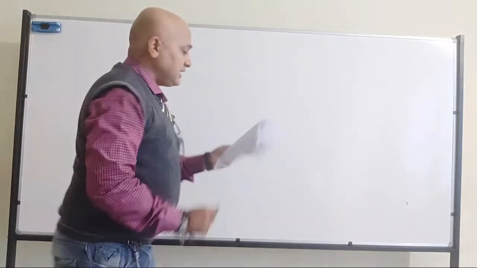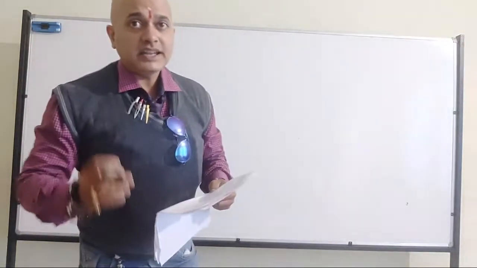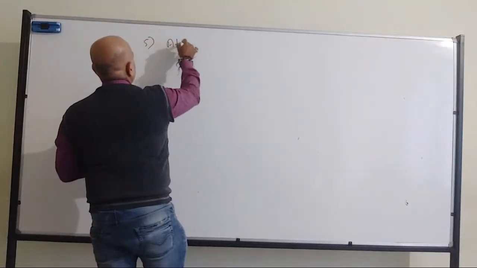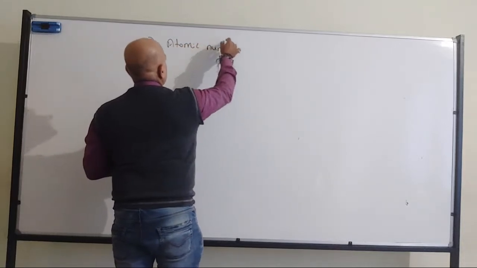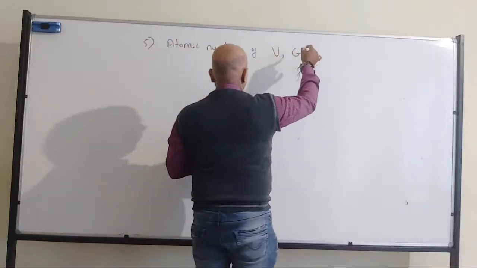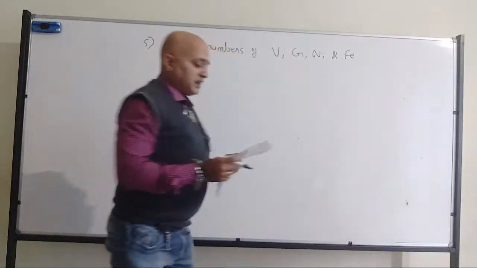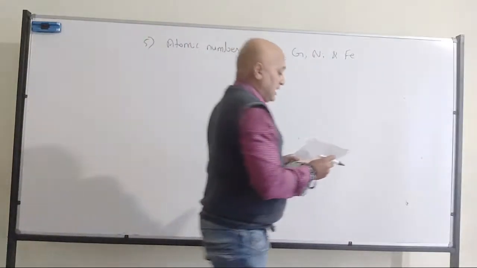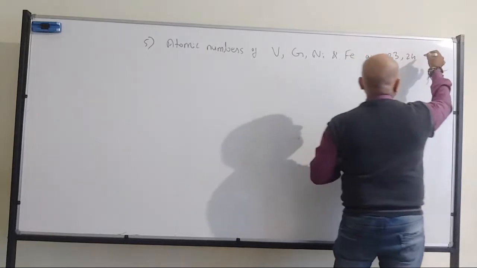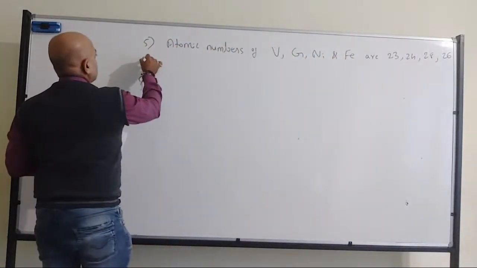Next one is the fifth question, which was asked in COMEDK earlier. The atomic numbers of vanadium, chromium, nickel and iron are 23, 24, 28 and 26 respectively.